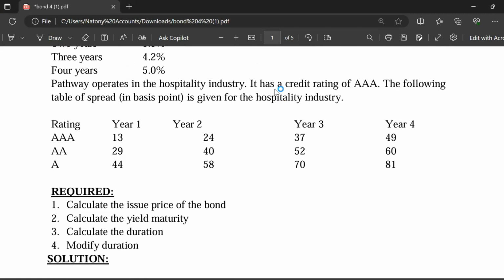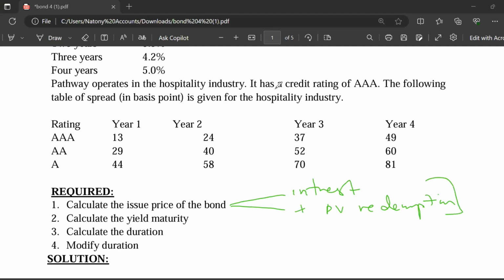Now, from your carry forward knowledge, how do we calculate the bond price? Basically, it is the present value of interest plus the PV of redemption. So it is the PV of your interest plus the PV of the redemption. That is the bond value. The next question is, how do we determine the present value of the interest?